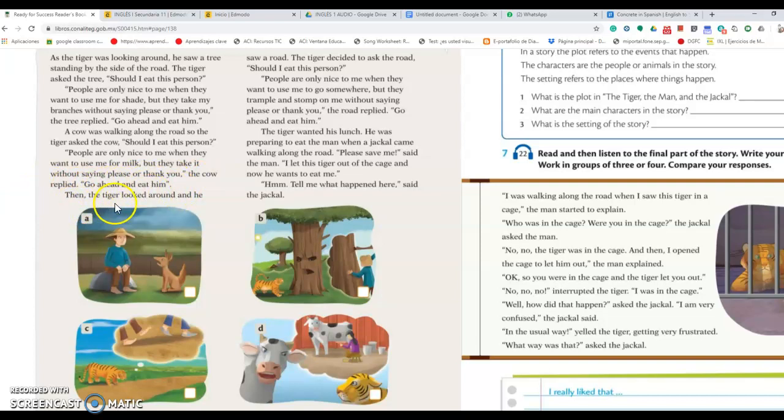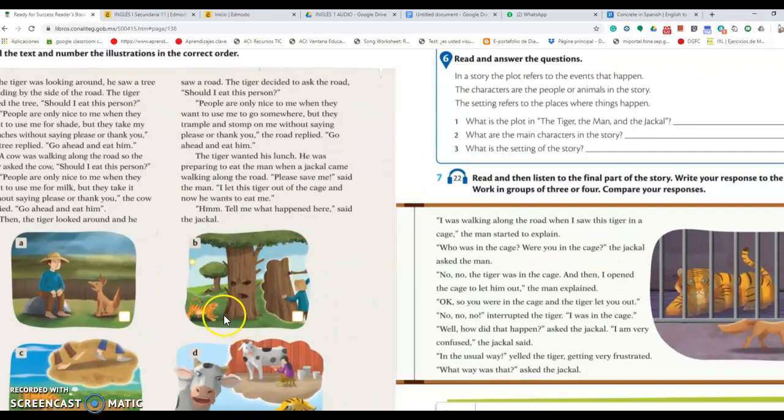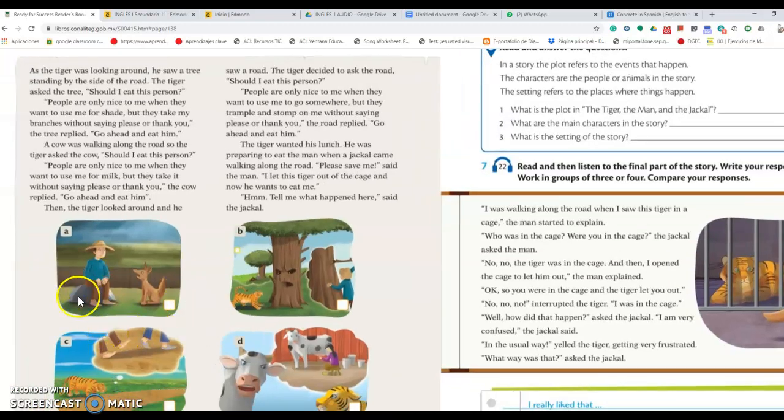Then the tiger looked around and he saw a road. The tiger decided to ask the road, "Should I eat this person?" "People are only nice to me when they want to use me to go somewhere, but they trample and stamp on me without saying please or thank you," the road replied. "Go ahead and eat him."